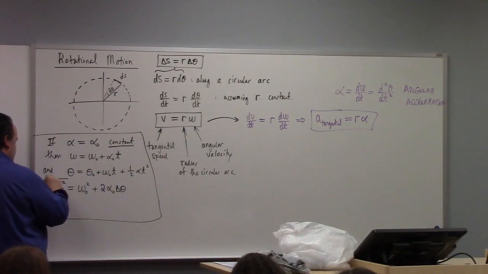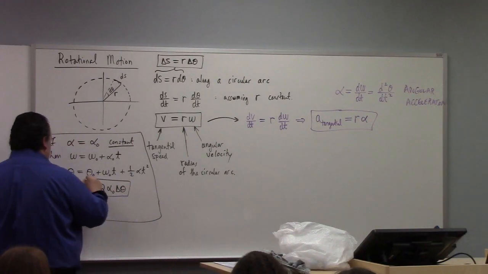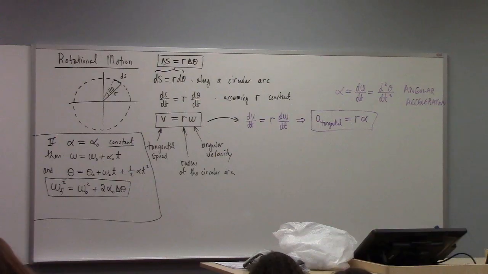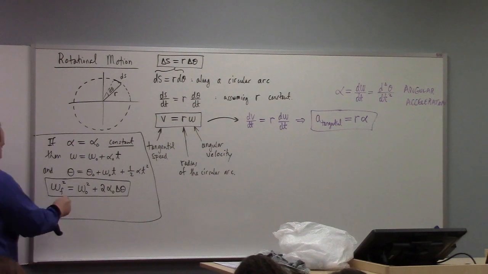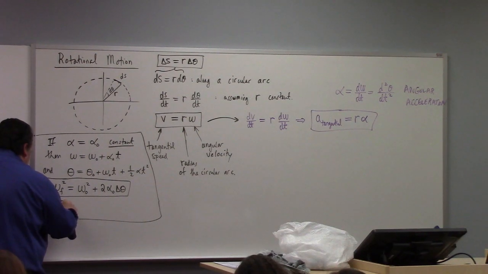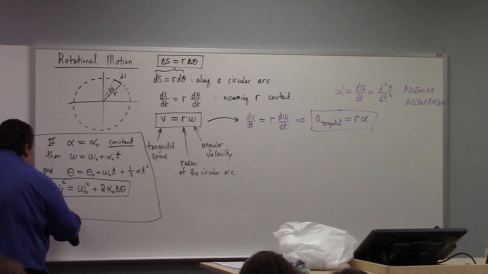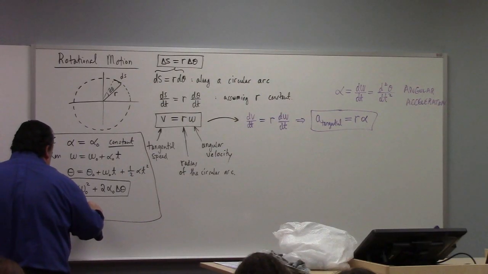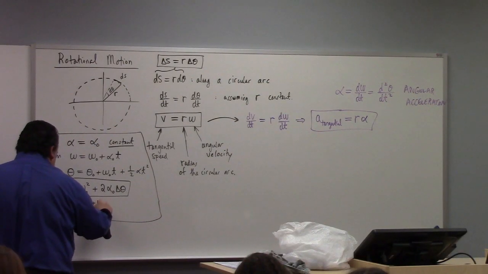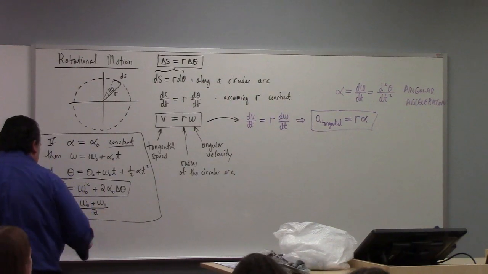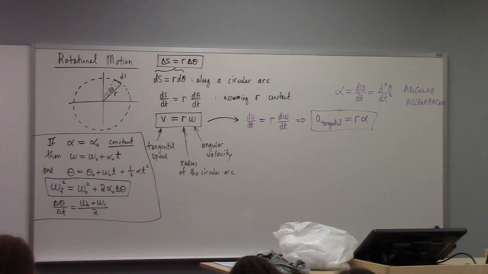We have a winner. This, of course, is our beloved timeless equation, but now in the angular context. Anything else we know? How about this? You remember this one? People forget about this one, but the change in theta over the change in t is equal to the initial angular velocity plus the final angular velocity divided by 2. This is the average velocity is the average of the velocities relation.